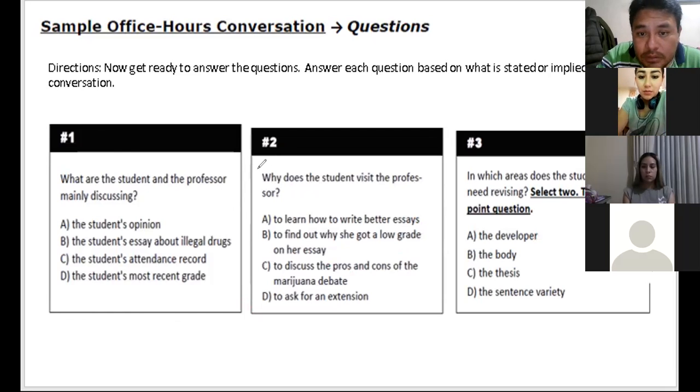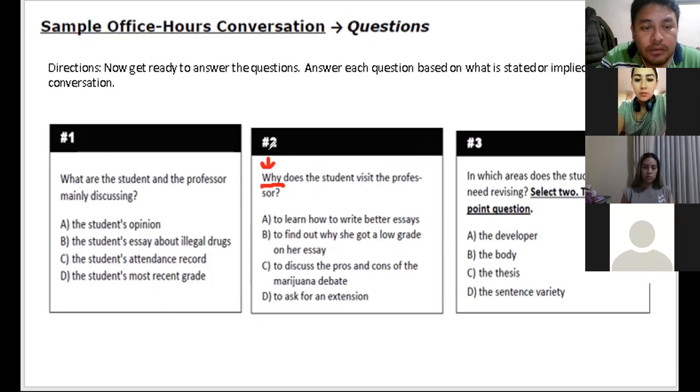The purpose goes by why, giving a reason. The purpose is similar to reason, so it's a synonym. It says, why does the student visit the professor? In other words, what is the purpose of the student visiting the professor? The question word why is asking for a reason, a purpose.